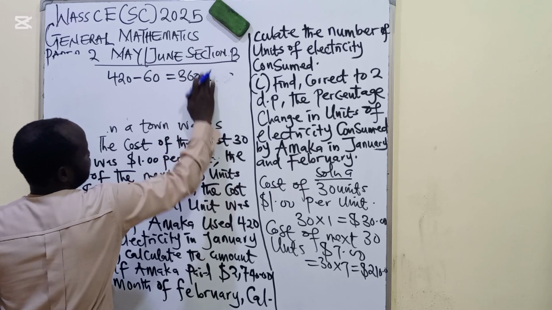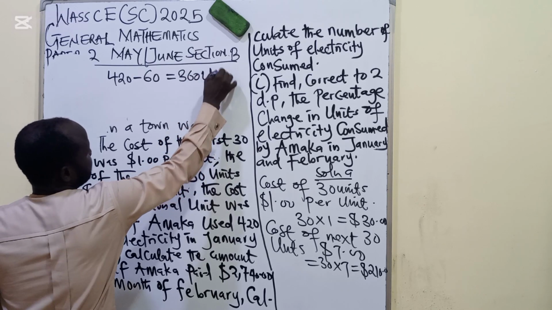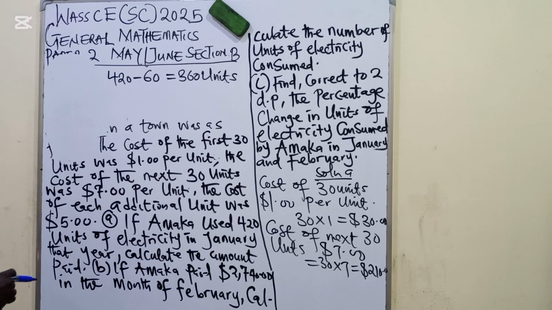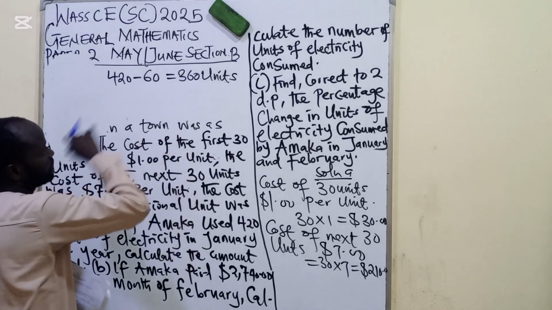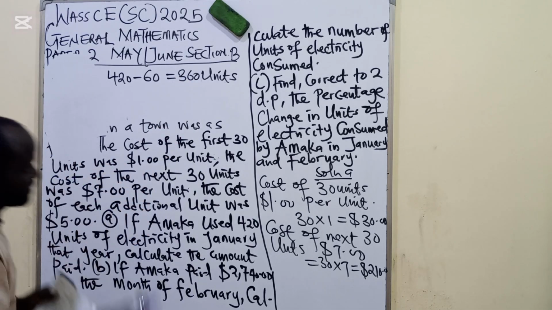So for these 360 units now, each unit here costs $5, because the question says the cost of each additional unit was $5. So it means this 360, we have to multiply it by 5.